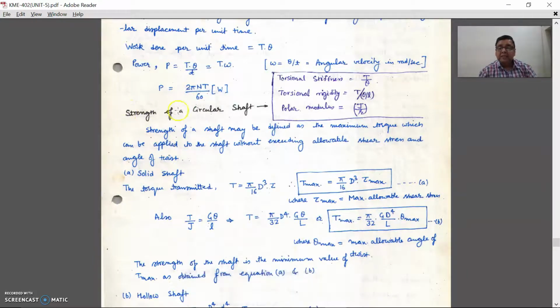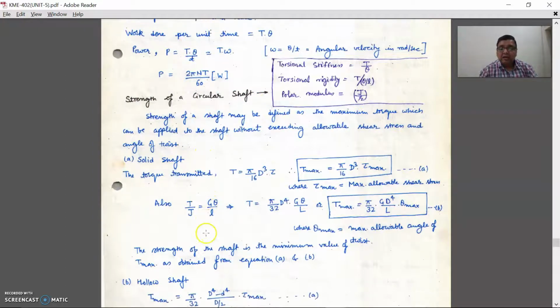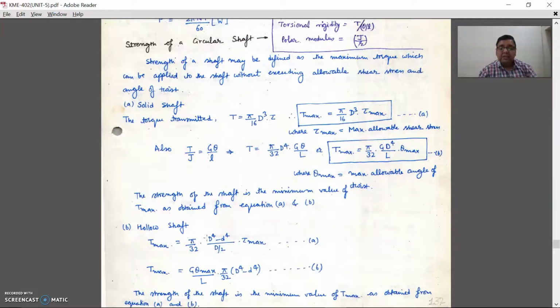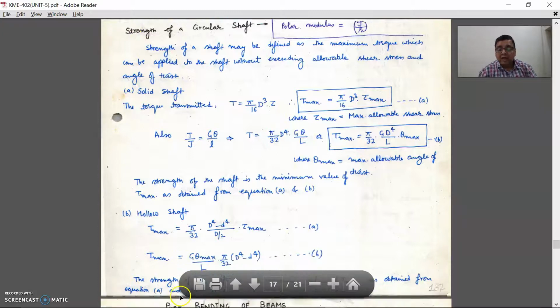Then next, strength of a circular shaft. It is already explained in a beautiful manner, but I wish you would please study this on your own, and maybe in the numerical you have to apply this concept.